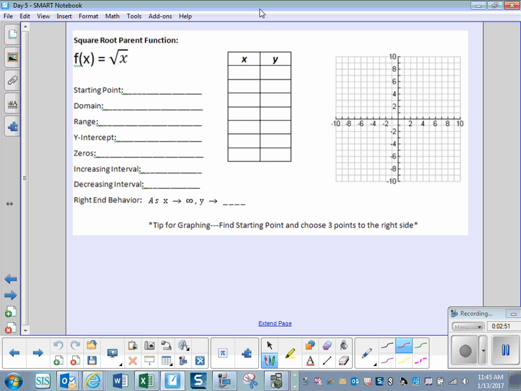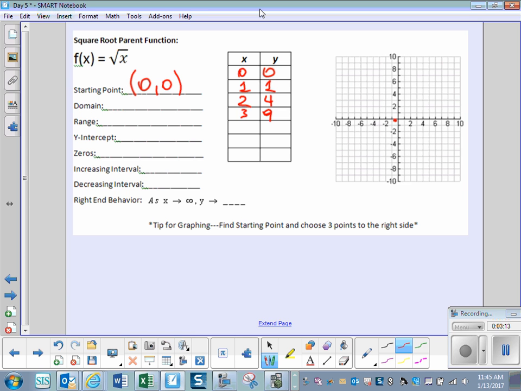So the starting point of this graph is 0, 0. That's where our graph starts. Then we want to take some of the good points, not the decimals, on the right of the 0. Some of the good ones would be 1, 1, and then 4, 2, and then 9, 3, and so on.